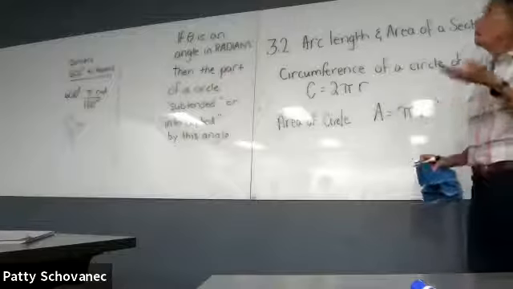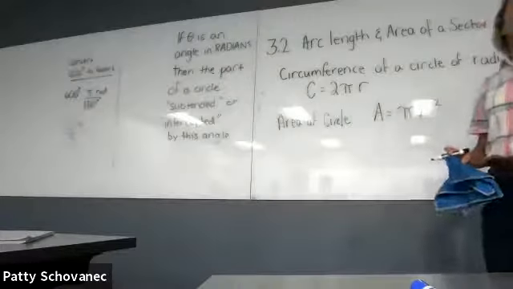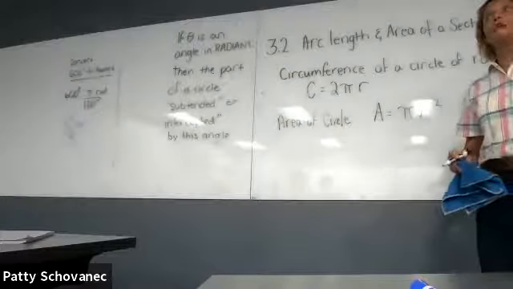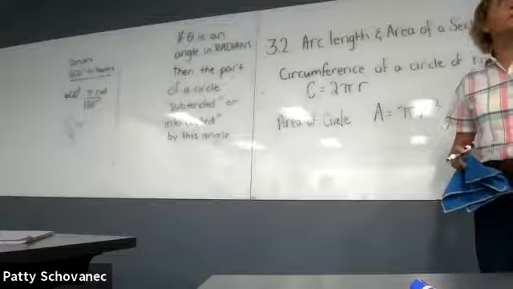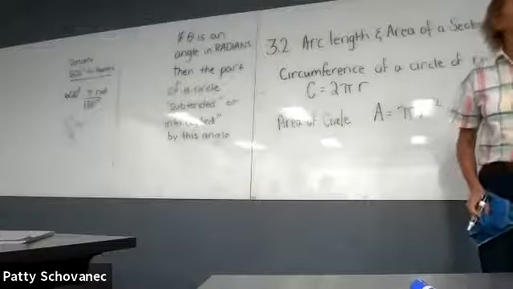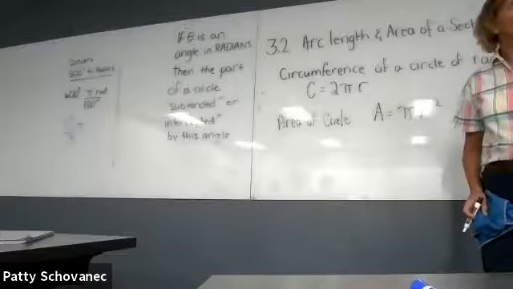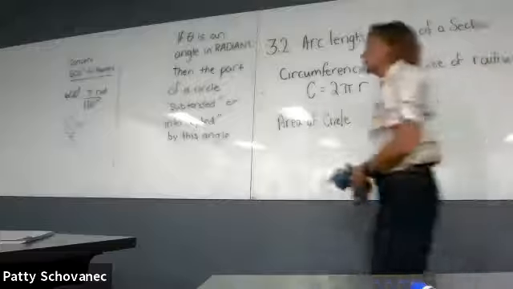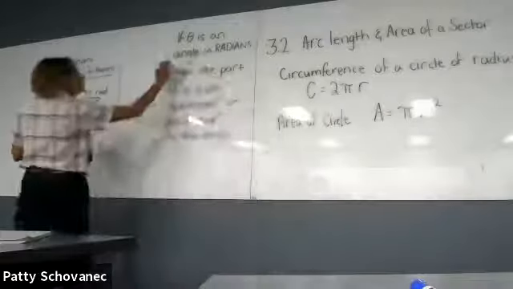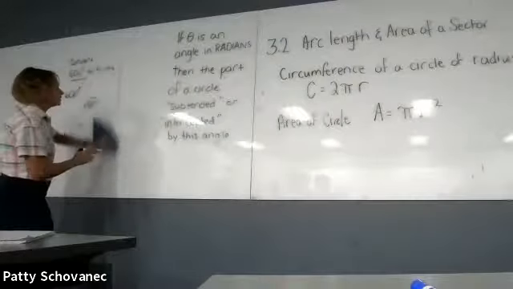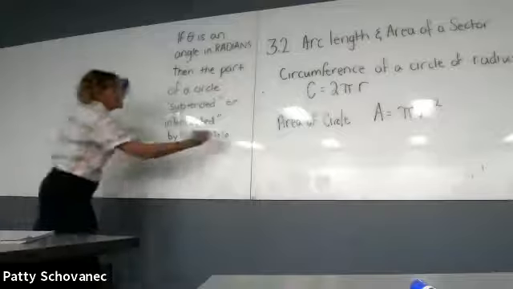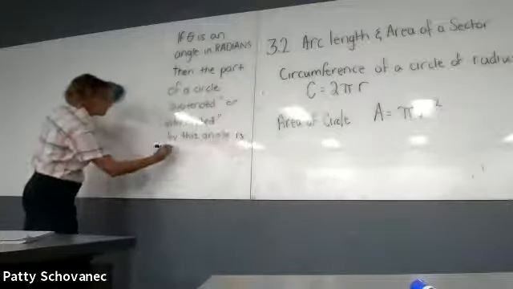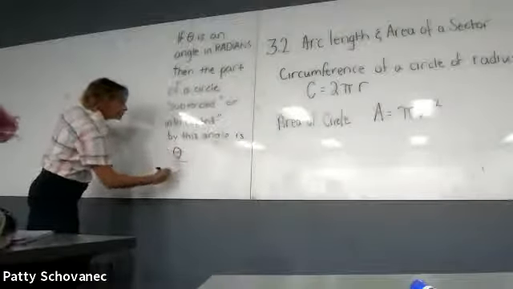So if you have an angle theta, my example was pi over 4, and you want to figure out what part of the whole circle it is, just set up the ratio. Theta is the part, 2 pi is the whole. So if theta is in radians, then the part of a circle subtended or intercepted by this angle is simply theta divided by 2 pi.